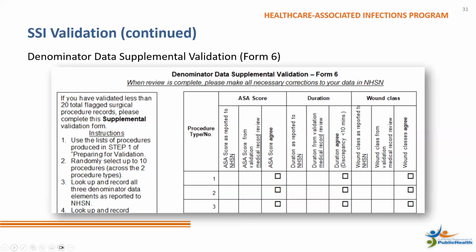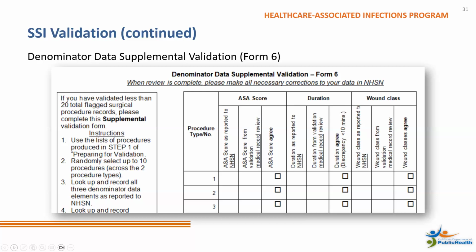So with this denominator data supplemental validation form, you're going to put in each of these procedures and you're going to select 10 of these procedures. So across the two procedure types, you'll select 10, maybe it's 5 colo, 5 fusion, or maybe it's 7 colo and 3 fusion, whatever to make it 10 procedures.